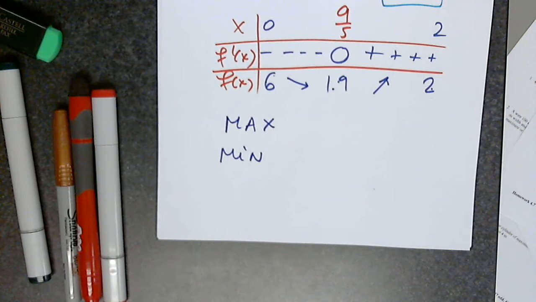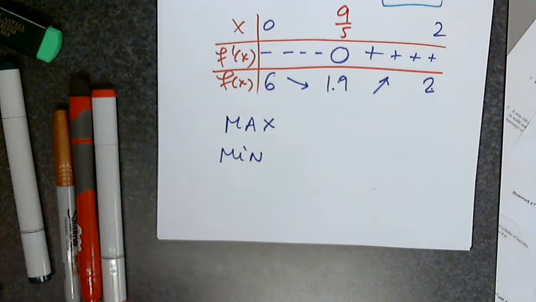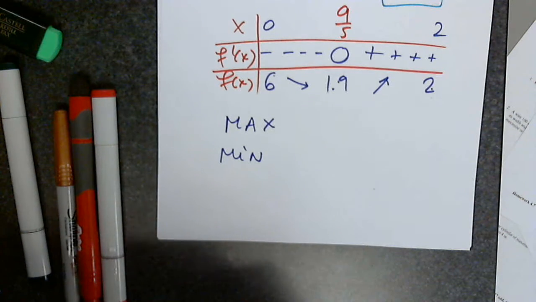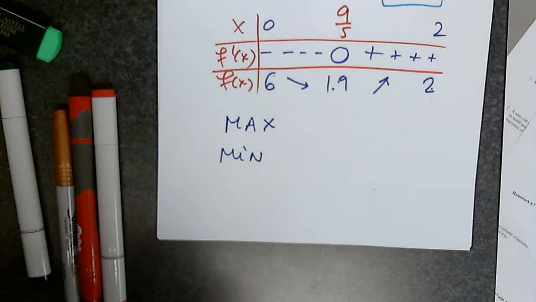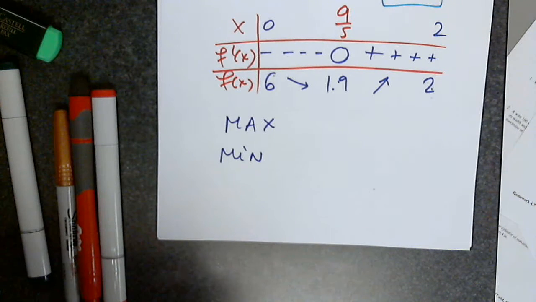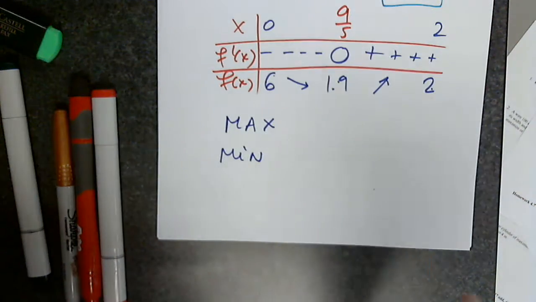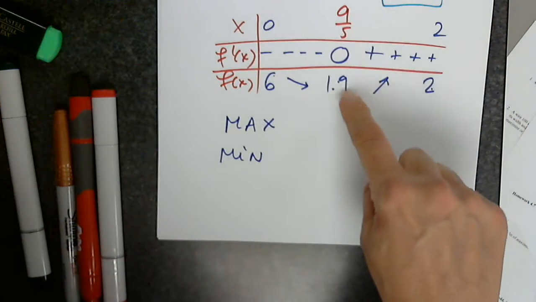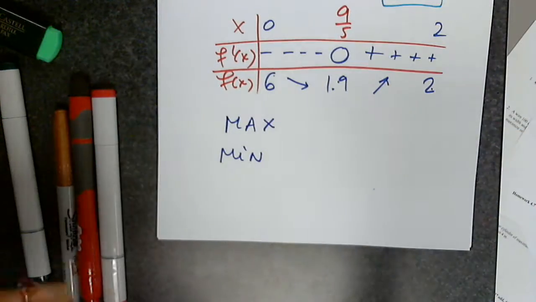There could be a max. There is a max. Really? Yes. So first of all, what is 9/5 comma 1.9? What type of point is this?